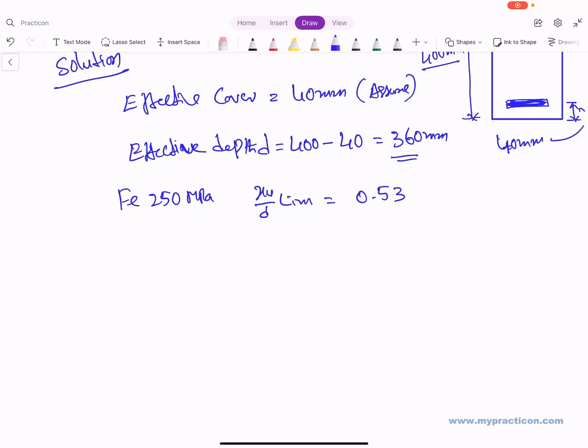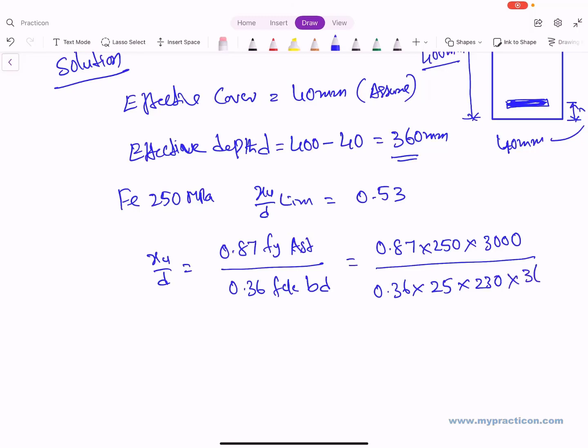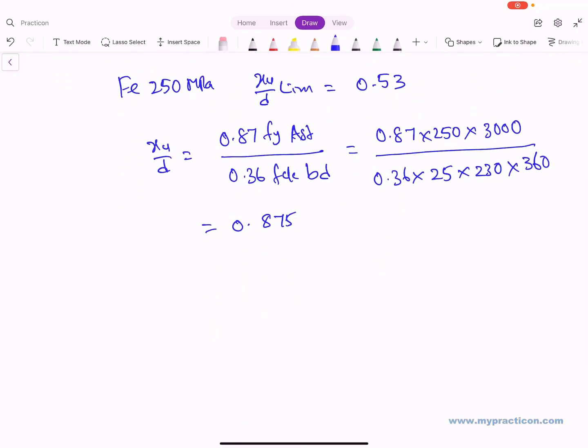As per the standards, the actual XU by D equals 0.87 Fy AST divided by 0.36 FCK BD, equals 0.87 into 250 for Fy, and AST is 3000, divided by 0.36, FCK is 25 and B is 230 and effective depth is 360. So this comes around 0.875.